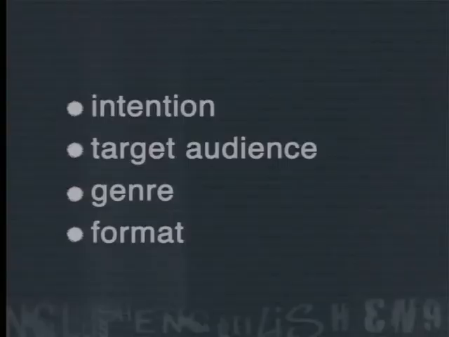In this lesson, we've looked at 3 texts and we've looked at these features: intention, target audience, genre, and format. It's now time for you to analyze some texts by yourself.